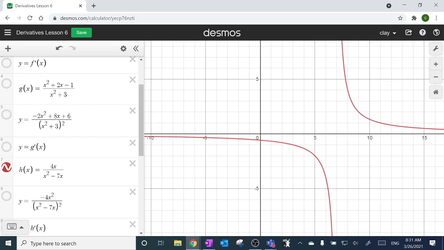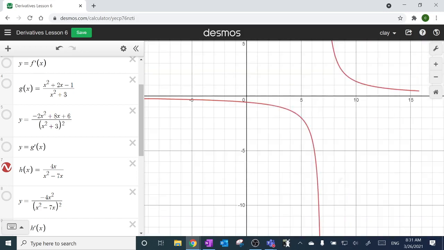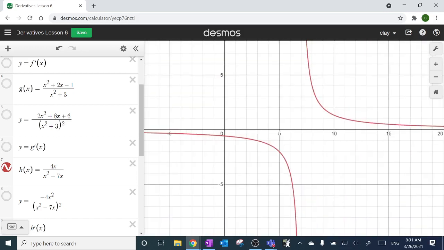Now, what am I expecting for the graph of the derivative? So that's the function. Notice it is discontinuous when x is, it looks like that's 7, which makes sense, because if you plug in 7, you'll get 0 in the denominator, right?